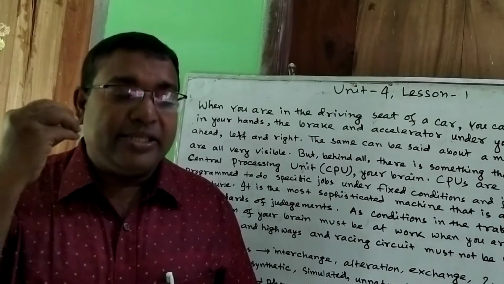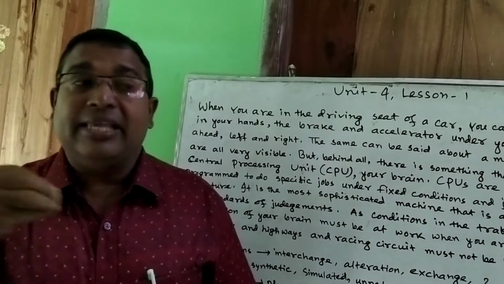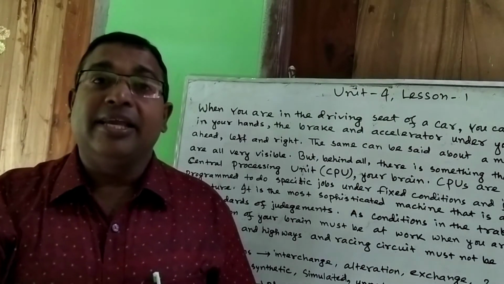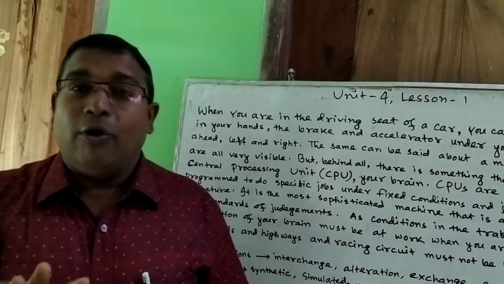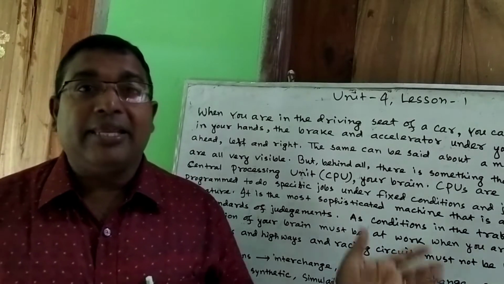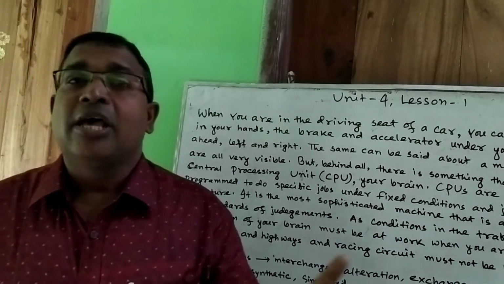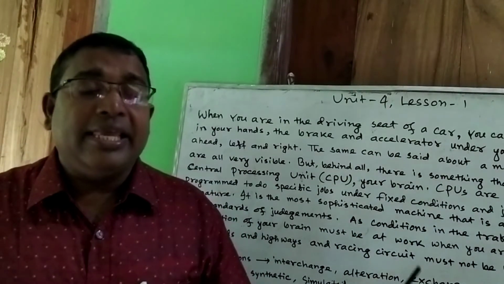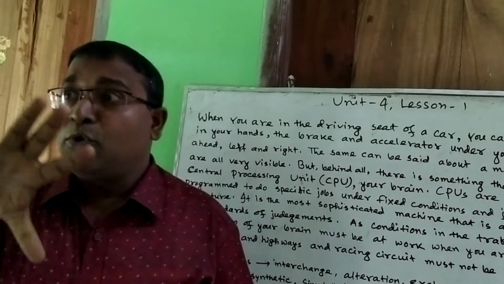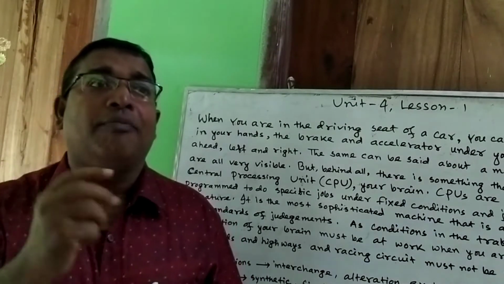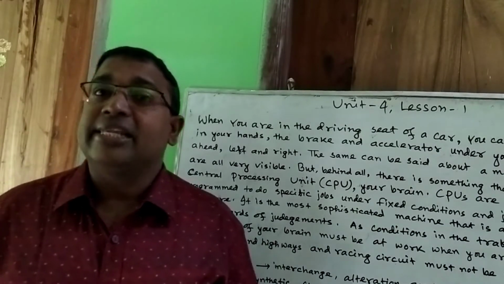Here, the incidents must have variety. The conditions must be variable. That means a driver can never drive always through the same conditions. He has to drive through different conditions, through a variety of situations and scenarios.